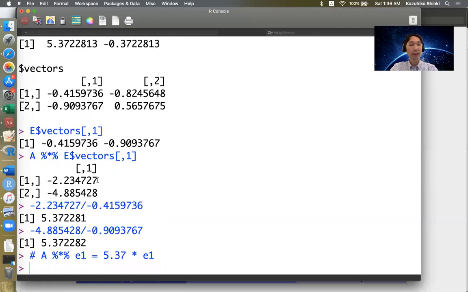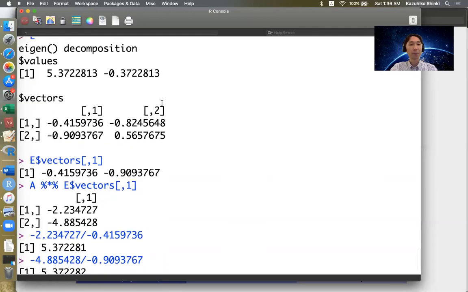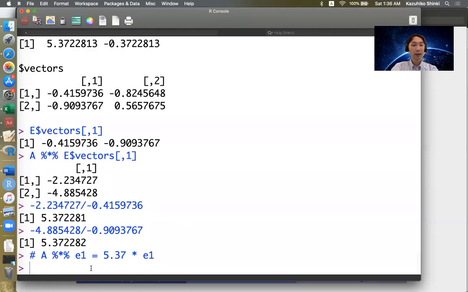You can check the other one. For the other column vector, if you multiply A with this vector, then the result is negative 0.37 times the vector itself. Okay, so these are operations on matrices.